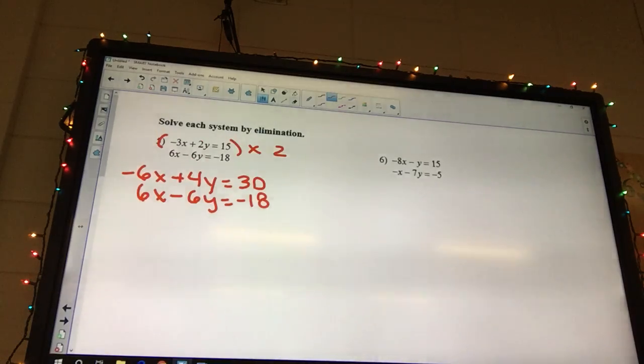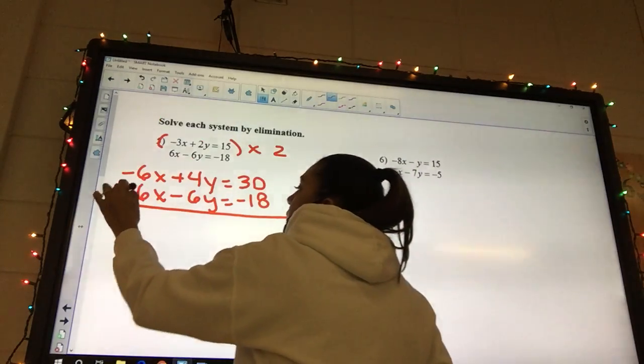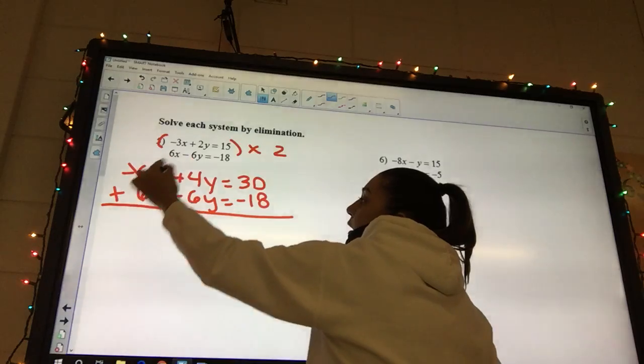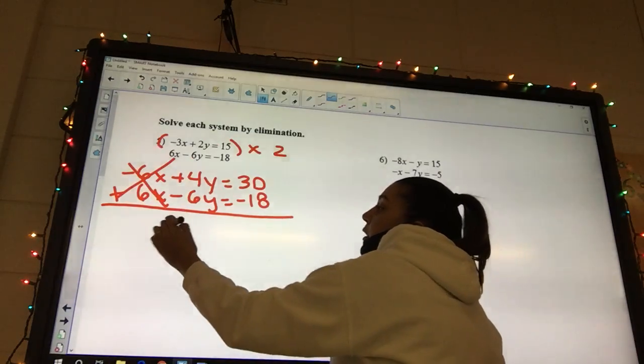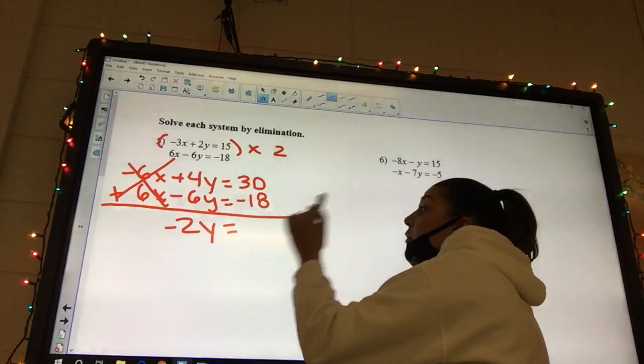What's our next step? We got to add them. Okay, and so here I got a plus 6 and a minus 6, so they're going to cancel. Over here I'm going to have a negative 2y equals 12.